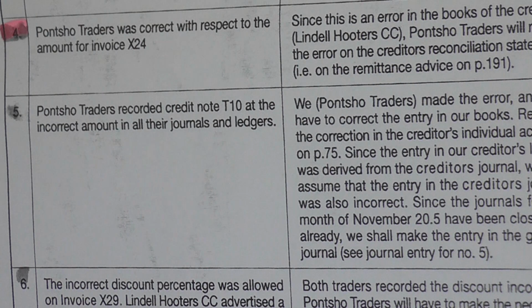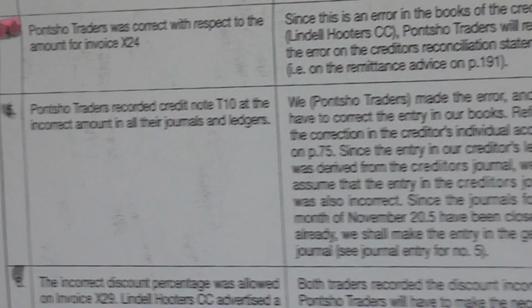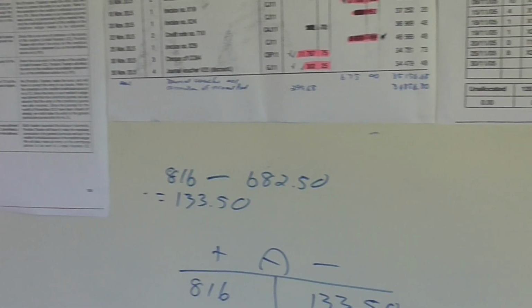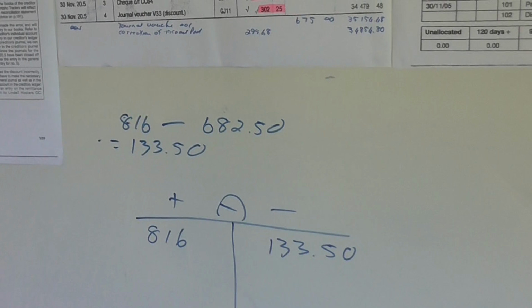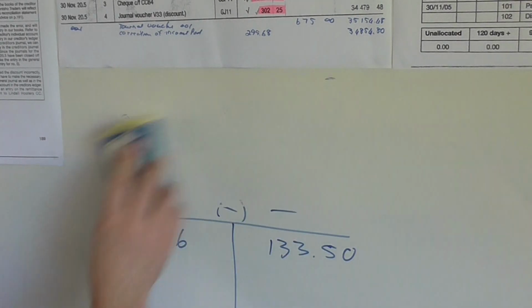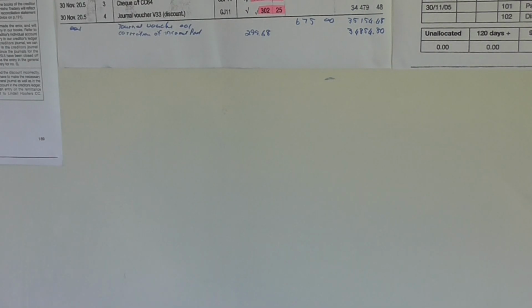So when we make a mistake, where do we fix it? We have to fix it in the general journal. First of all, we need to see how much of a mistake we made. Okay, great stuff. So they say Ponzo T10.